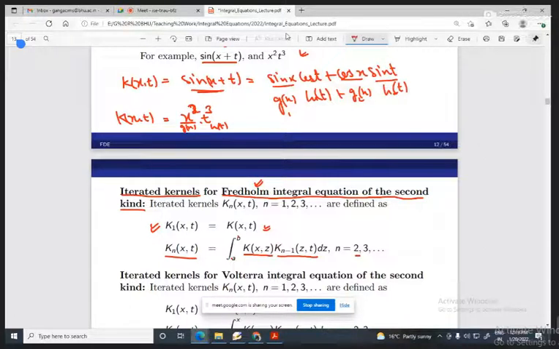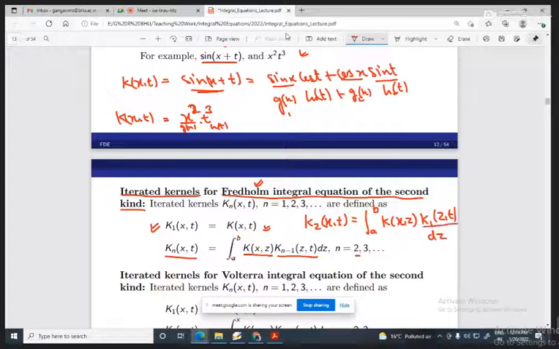If you put n equal to 2, then we obtain k2(x, t) equal to the integral from a to b of k(x, z) k1(z, t) dz.